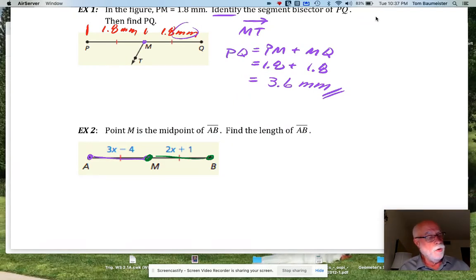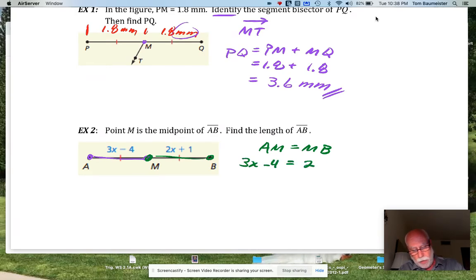Since that is congruent, it breaks it up into 2 equal parts. So in this case, we can say that the distance AM is equal to the distance MB. So now we are going to say 3x minus 4 is equal to 2x plus 1.